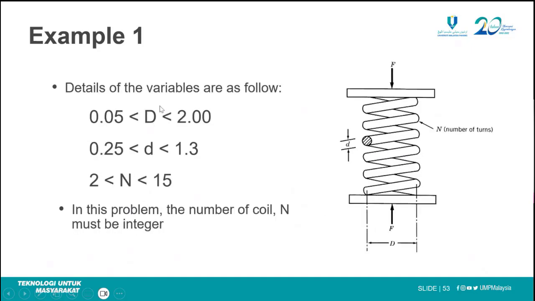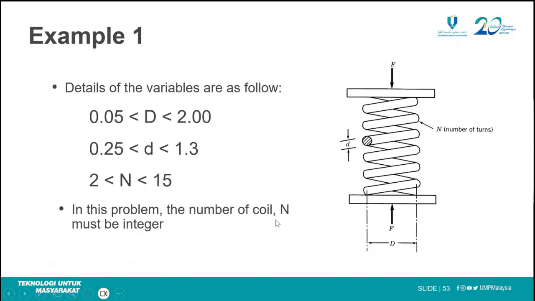The diameter is between 0.05 and 2.0, the wire diameter is between 0.25 and 1.3, and n, the number of coils or turns, is between 2 and 15.